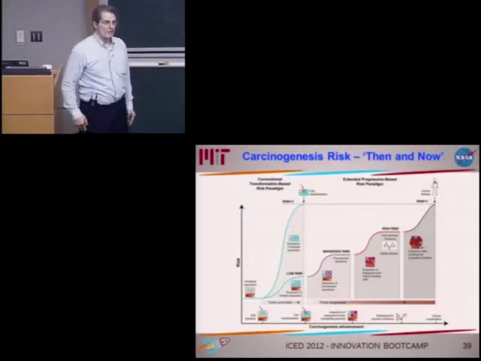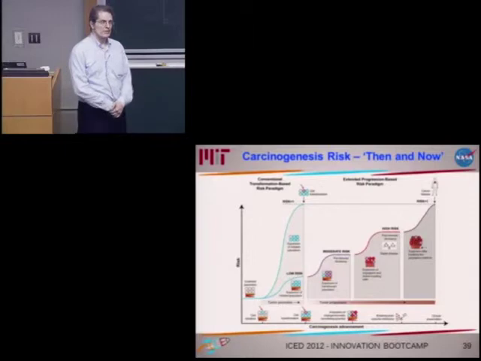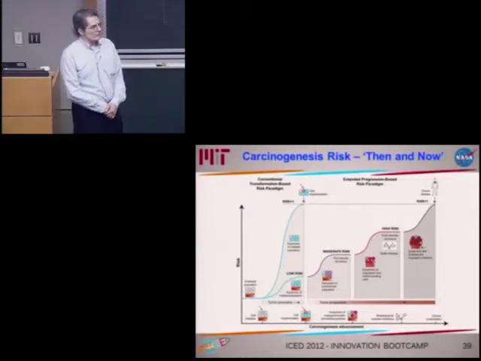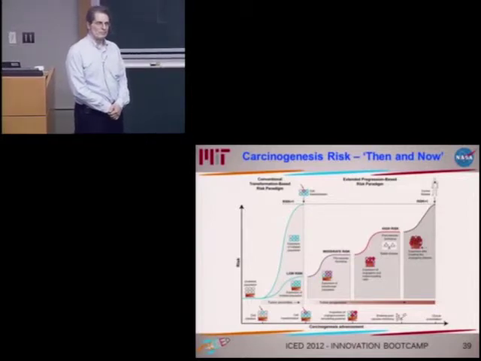Yeah, this is just out of curiosity. Are infants more able to repair DNA damage than adults, or are adults more able to repair DNA damage than infants? Did you study that in animal models? I don't know.